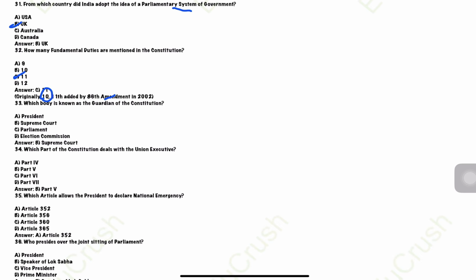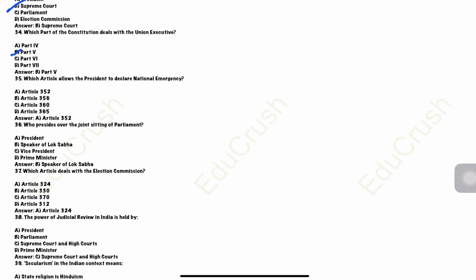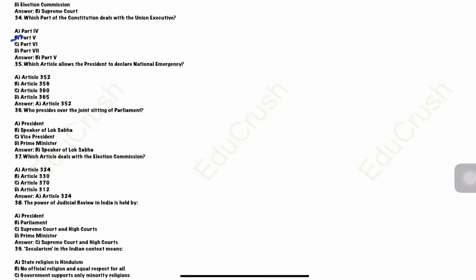Next question. Which body is known as the guardian of the Constitution? Supreme Court. Which part of the Constitution deals with the Union Executive? Part 5. Part 5 of the Constitution deals with the Union Executive. Which article allows the President to declare national emergency?